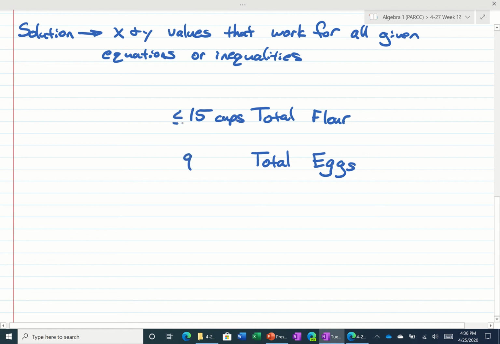Whatever we use has to be less than that amount, because that's all that we have. It says let B represent the loaves of banana bread. So B is going to be our banana bread. And we're going to let Z be the zucchini.